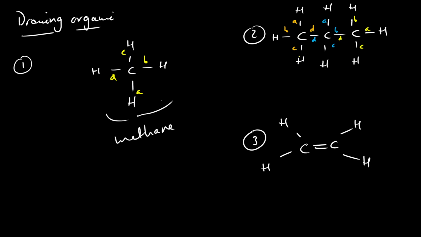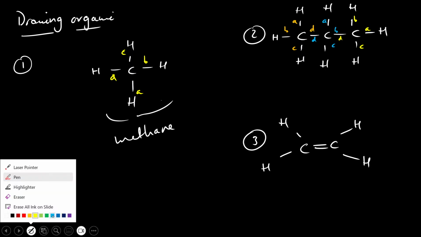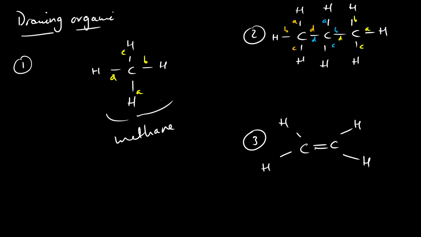Now look at this alkene structure, this unsaturated hydrocarbon. The carbon double bond has 2 bonds, doesn't it?